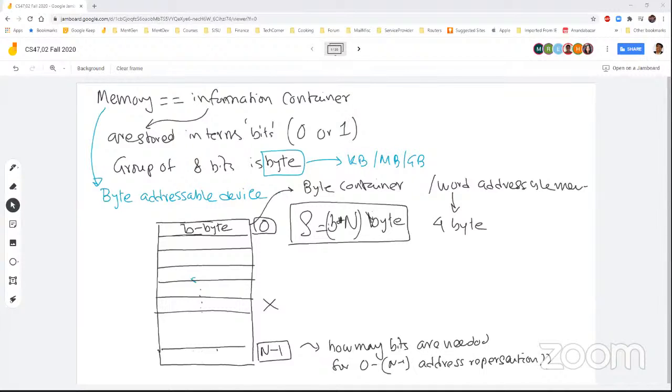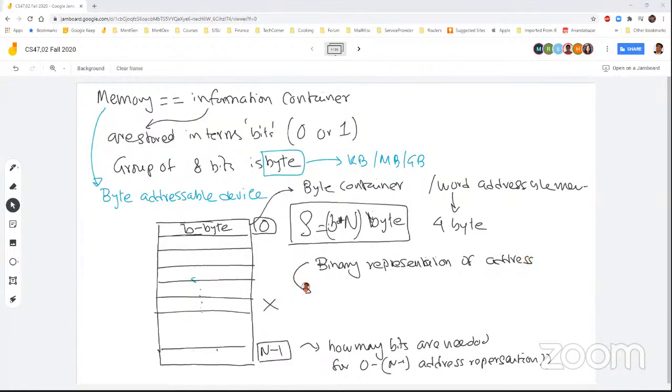So we decide that we'll go with a binary representation of the address.